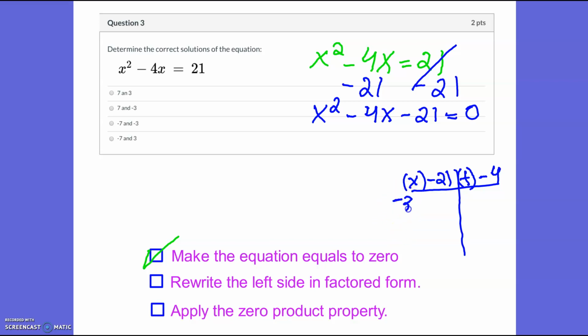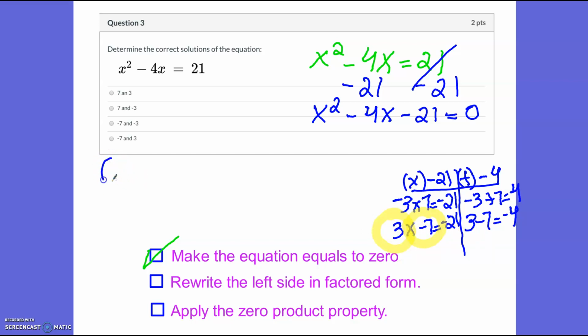So let's say negative 3 times 7 equals negative 21. Okay? I also know that negative 3 plus 7 equals positive 4. And I need negative 4. So I'm going to change the signs around and I'm going to make it 3 times negative 7 equals negative 21. So I know that 3 minus 7 will be negative 4. So the factors that I need are positive 3, negative 7.